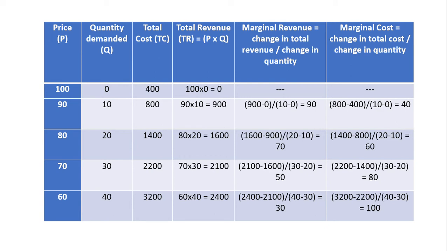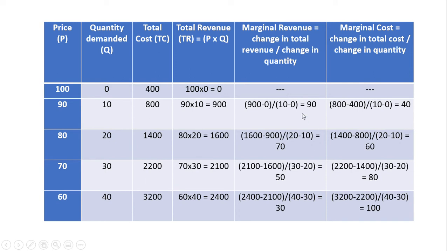So let's compare. Obviously we couldn't do one at 0. At 10 units, marginal revenue is 90, marginal cost is 40. They're not equal. At 20 units, we have 70 for marginal revenue and 60 for marginal cost.